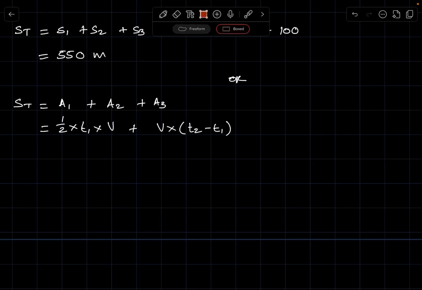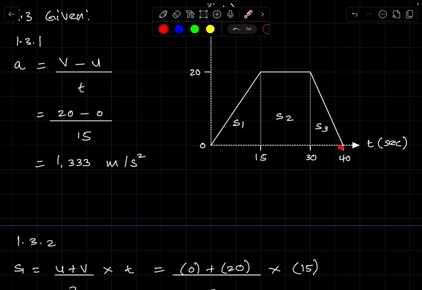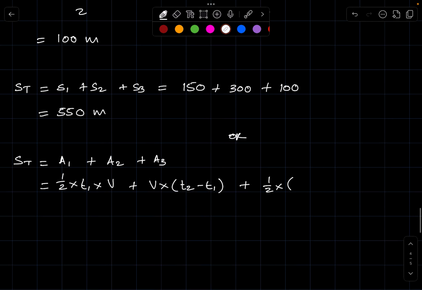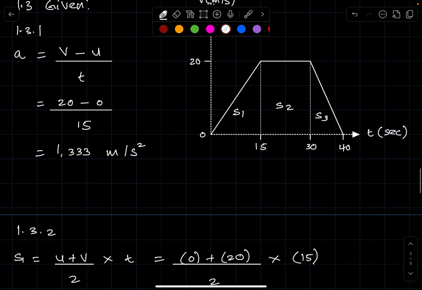That's the area of the second section, plus the area of the third section, which is a triangle. So this would be half base. The base is t3 minus t2, times the height, which is the final velocity v.